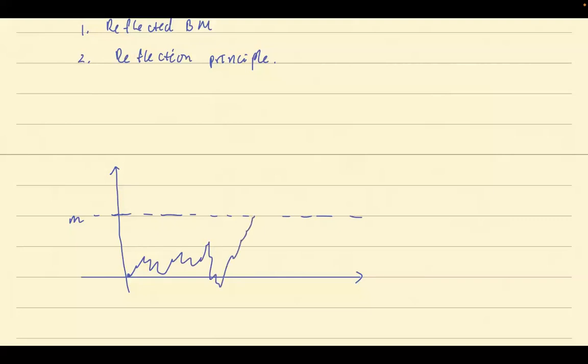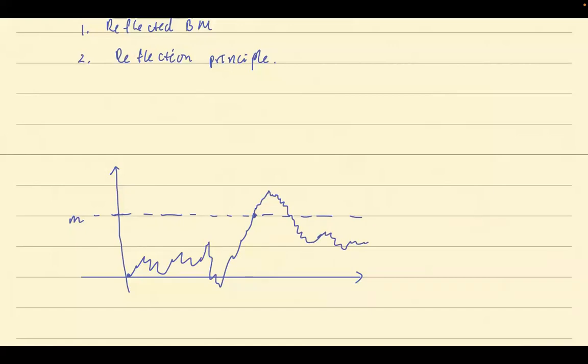Suppose we have a level M, like this. Brownian motion always starts at 0. It does what it does. Now, it's really a fascinating fact that, again, we're not in a stochastic analysis class, but no matter how high M is, the Brownian motion will cross M at one point. That's a fact. But anyway, we're not concerned with that. It will cross M at one point, and then it will continue to do its business, whatever it does.